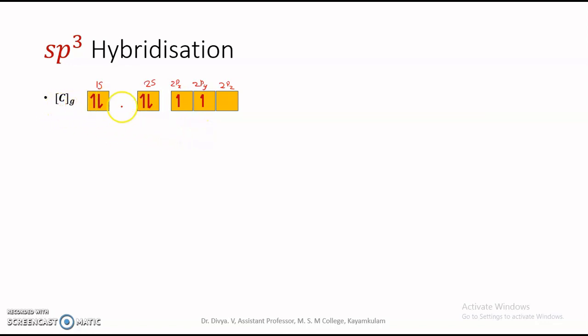But in the case of methane we can see that there are 5 atoms, carbon 1 and 4 hydrogen. This electron configuration suggests that carbon can form only 2 bonds with other elements. But in actual practice, we know that carbon exists in the tetravalent form.